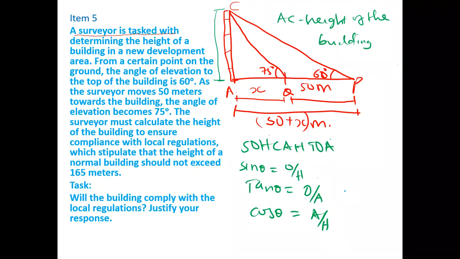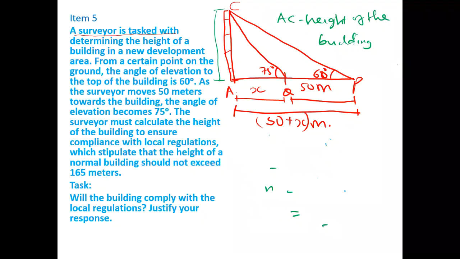S represents sine, C cosine, and T tangent. If you are not seeing a right-angled triangle, please don't use SOHCAHTOA.